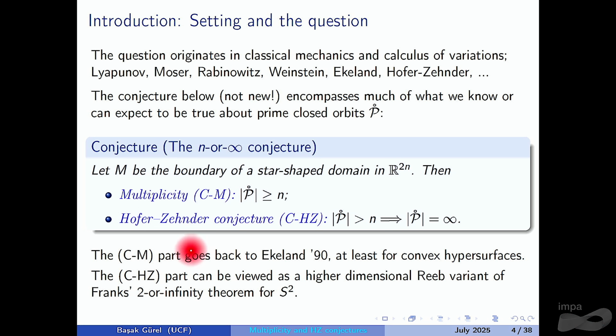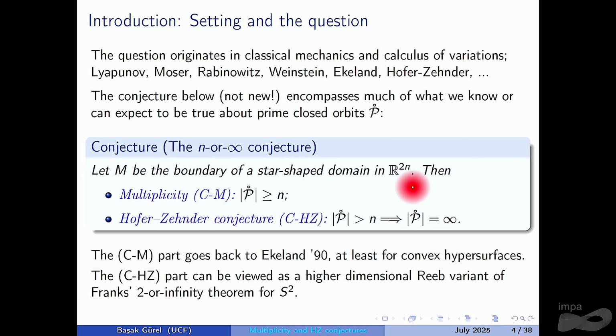One part talks about multiplicity, the other part talks about what we have now come to call the Hofer-Zehnder conjecture. The first part says that the number of prime closed orbits is at least n on the standard contact sphere of dimension 2n minus 1. And the Hofer-Zehnder part is about n or infinity: if this number is greater than n, then there must be infinitely many simple closed Reeb orbits.